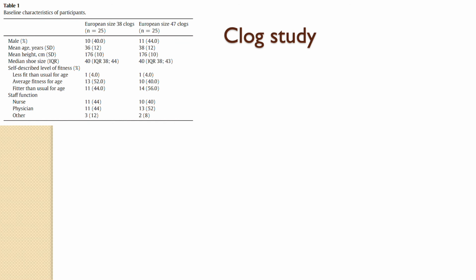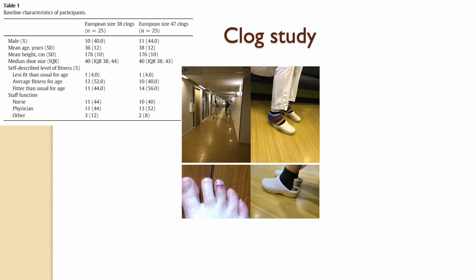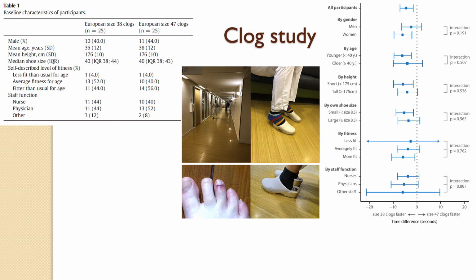And we randomized a group of our nurses and doctors working in the ICU to run to an elevator where you would go in case of a situation of resuscitation. And you can see here our table 1 with the characteristics of the participants, and this is how this study was really done. So clogs could be too big or too small, as you can see here, depending on how the size of your feet are, and of course to which size you were randomized.